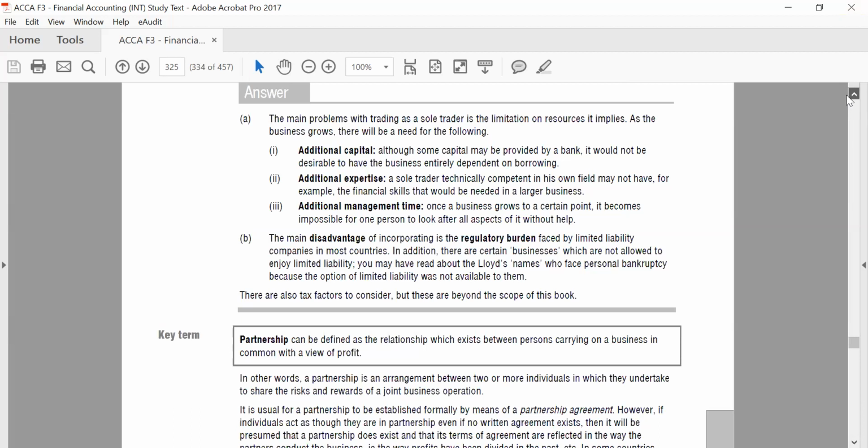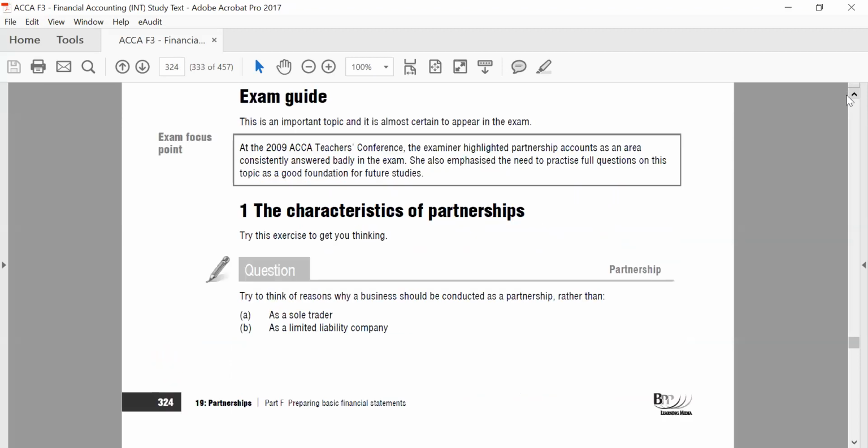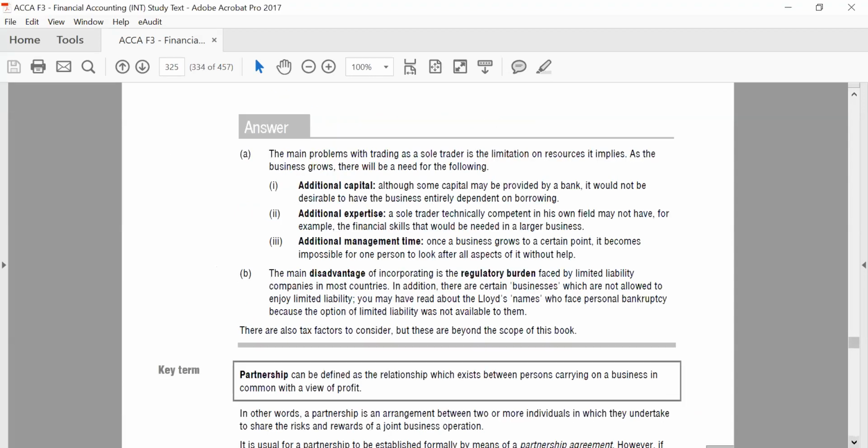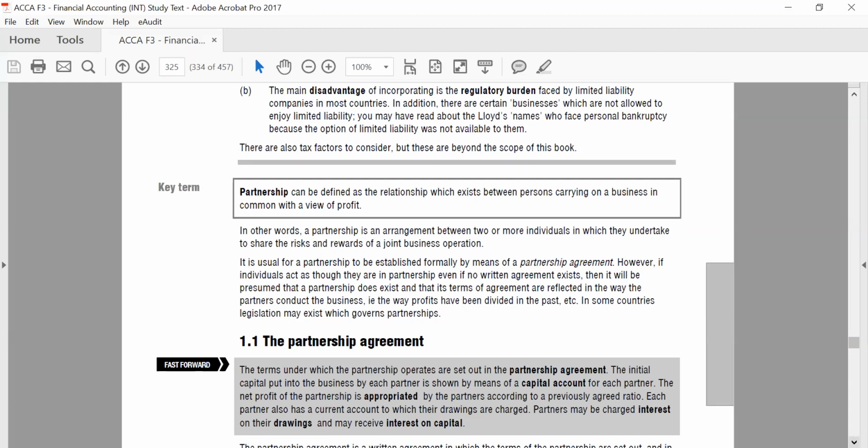One of the things that we also understand is that the partners come together and combine their capital, their expertise, and their skills to be able to set up a partnership. The partnership is usually governed by what we call a partnership agreement. Sometimes they call it a partnership deed. Basically, a partnership agreement lays down the terms and conditions in which the partners will be able to operate.